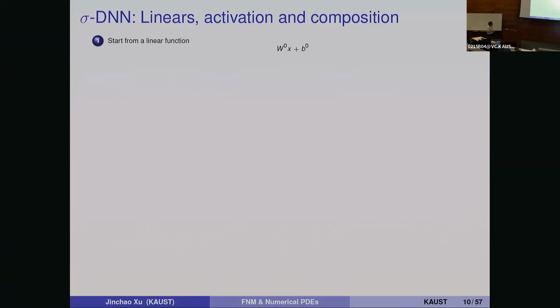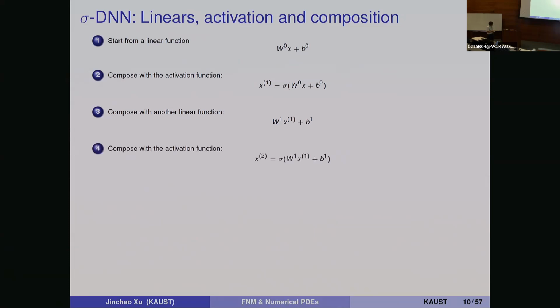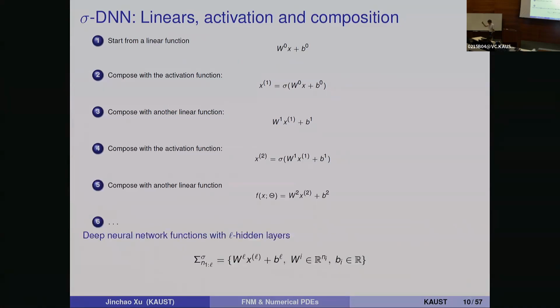You take a linear function, and you compose it with a one-dimensional function called the activation function. Then I call that one variable x1. So you do linear again, and composition again. So you do all these things. With more layers, you get deeper neural network functions.